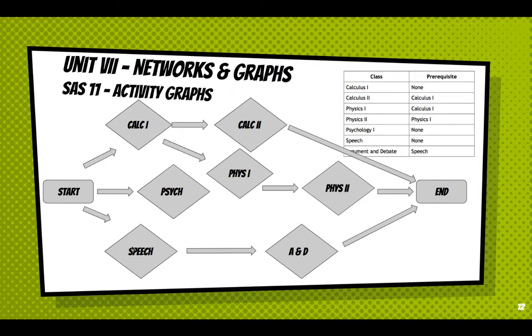Now, in the speech activity path, we have speech, and then the only course that it's a prerequisite for is argument and debate. You see speech is in prerequisite, and you see an arrow coming out of the diamond for the activity of speech to A and D, or argument and debate. Argument and debate is not in the prerequisite column. It's not a prerequisite for any other course, so an arrow goes straight to end. And that is your complete activity graph.